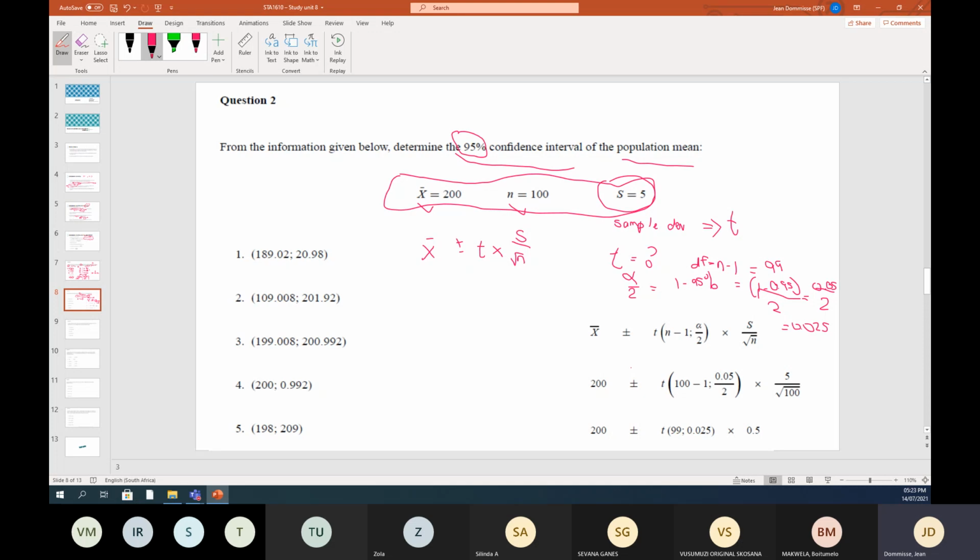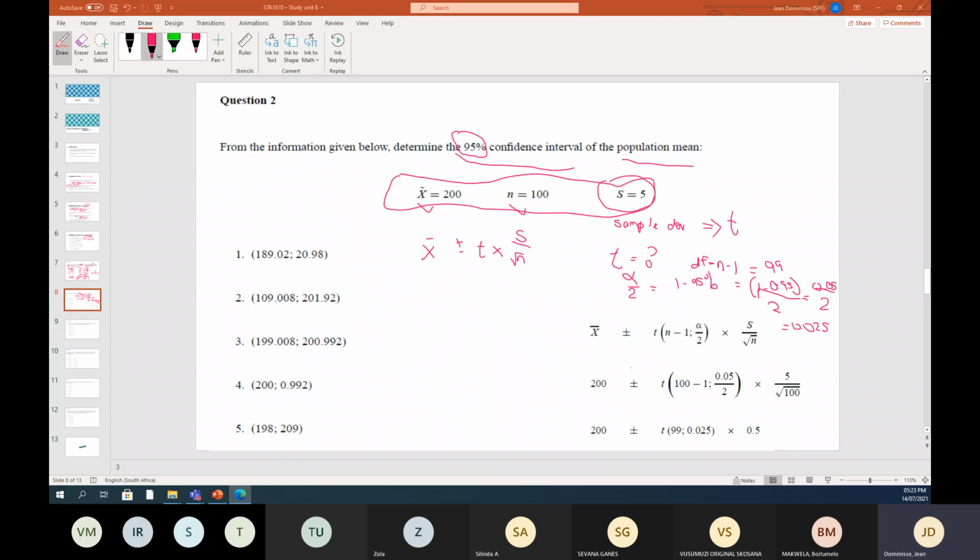So let me go into the table so I can also just show you on the table how we will look for that. In the next few chapters, when we look at confidence intervals, for the T we will need to go to the table.